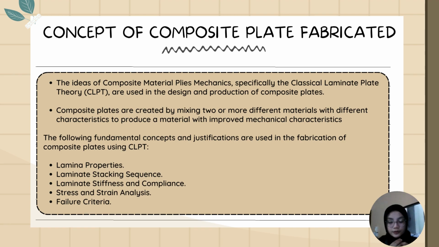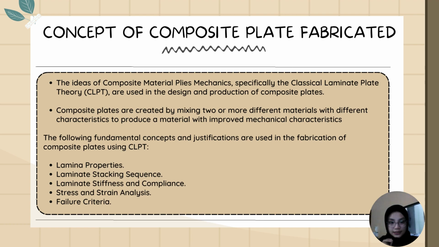The following fundamental concepts are used in the fabrication of composite plates using CLPT. Firstly, lamina properties, which are the mechanical qualities of each individual lamina in the composite plate, such as stiffness and strength. Secondly, laminate stacking sequence.